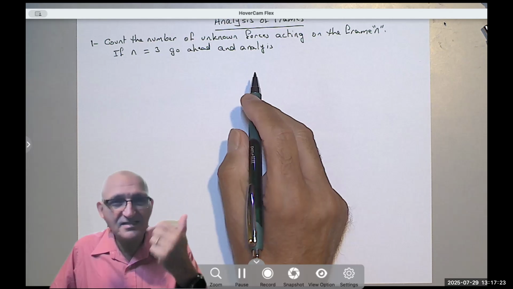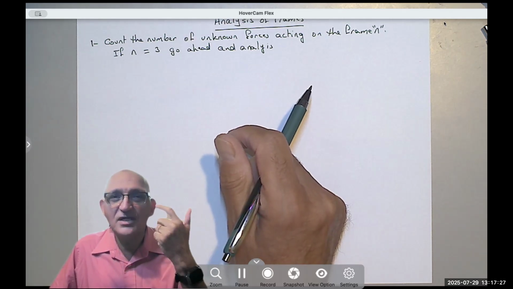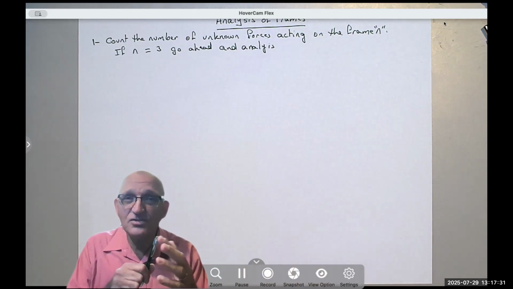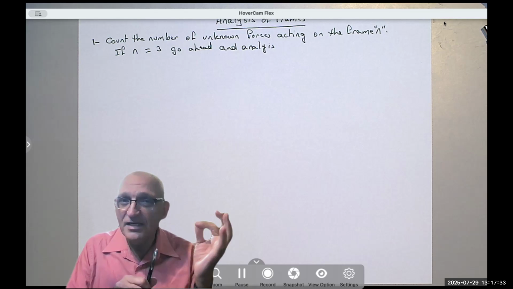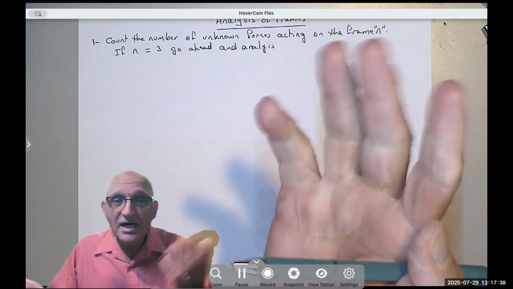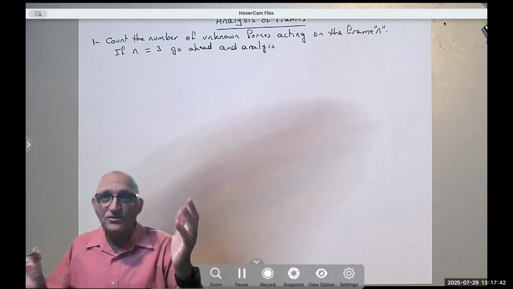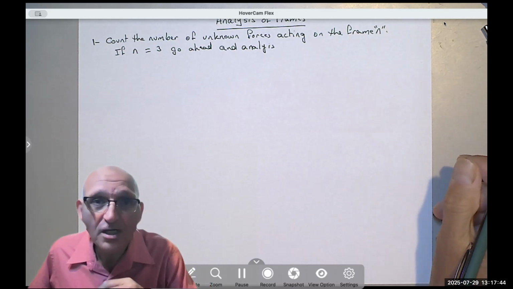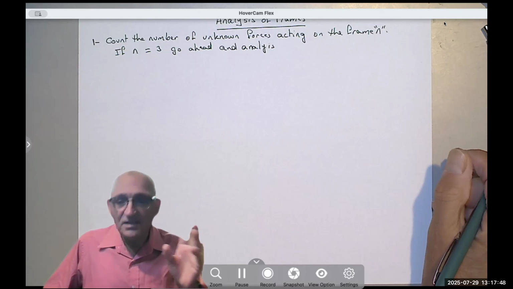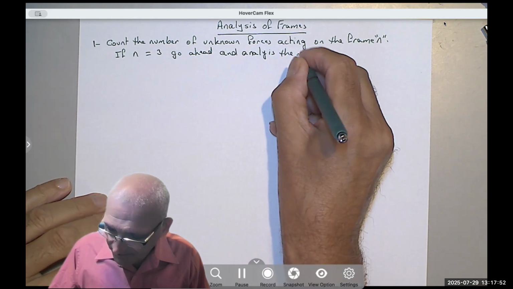Last time we said it doesn't have to be summation of forces in x equals 0, in y equals 0, and the moment is 0. I can have either the summation of x or y, and then moments about 2 points equals 0. Or I may have the moment about three different points equal 0 without using force equations at all. But no matter what I do, there are only three equations. So go ahead and analyze the member.